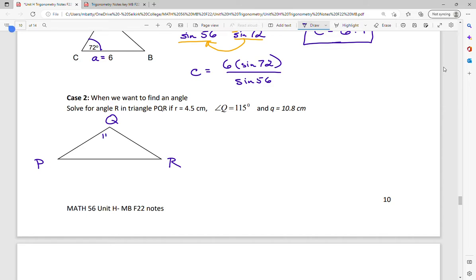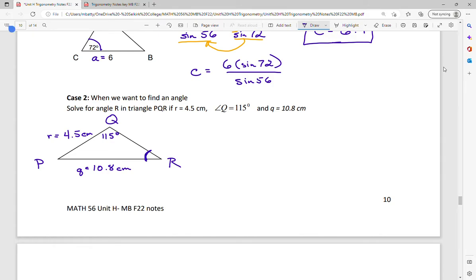I know that this is 115 degrees here. I know that side R is 4.5 centimeters, and I know that side Q is 10.8 centimeters, right? This is Q, and this is r. We would like to solve for angle r. That's what we're looking for.